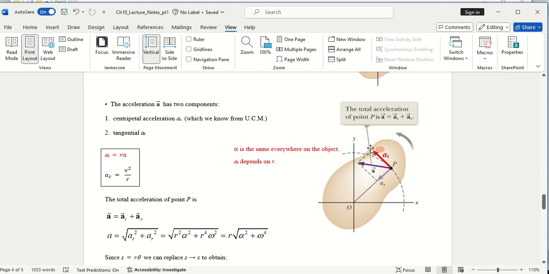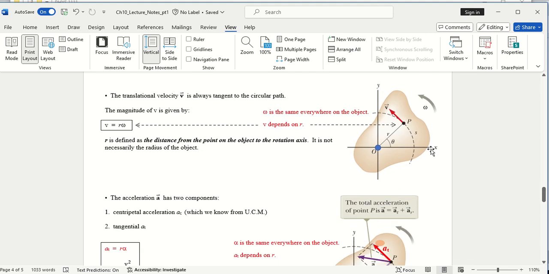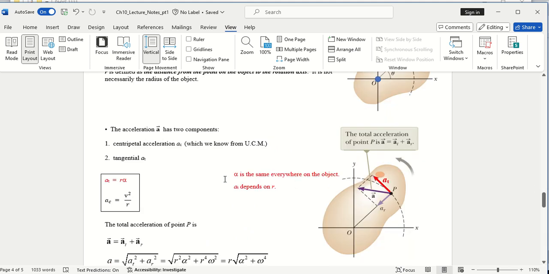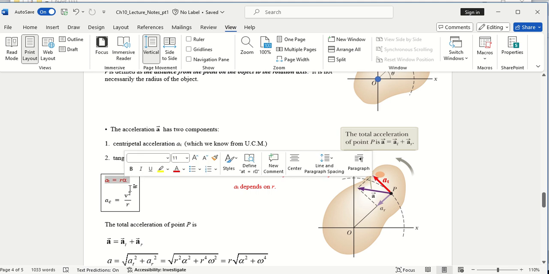AT is the important one. Just like with angular speed, every point on the rotating rigid object has the same omega. Well, with angular acceleration, every point on the object will have the same alpha. But the tangential acceleration is equal to r times alpha, where again, r is the distance from the point to the rotation axis.